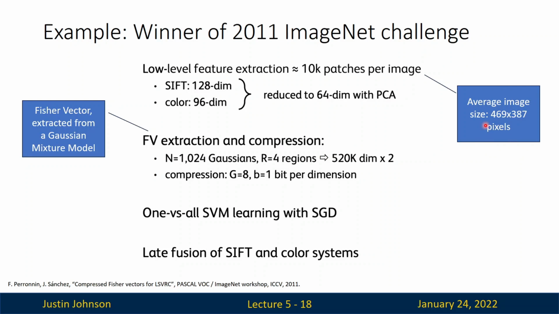There are maybe 1 million images in the data set, and the average image size is around 470 by 390. Okay, so it's not a very small image. And from just one single image, we can extract a lot of local or low-level computer vision features. From an image, it can extract 10,000 patches. For a patch, it can calculate a feature.